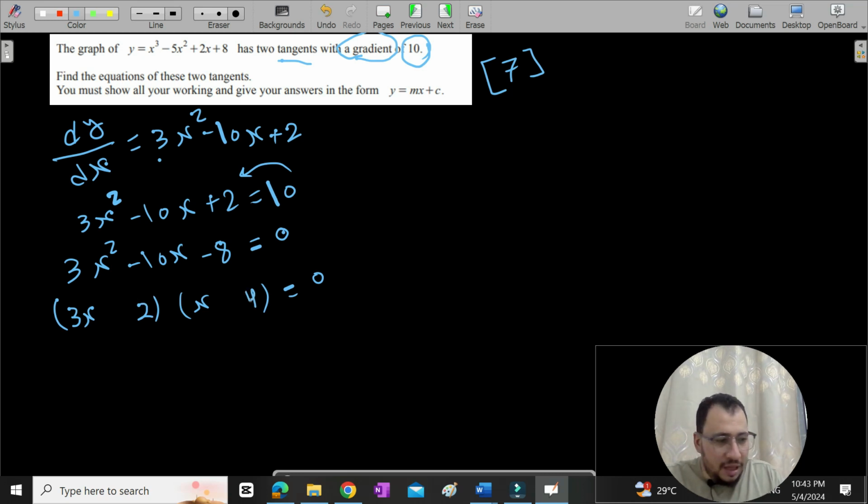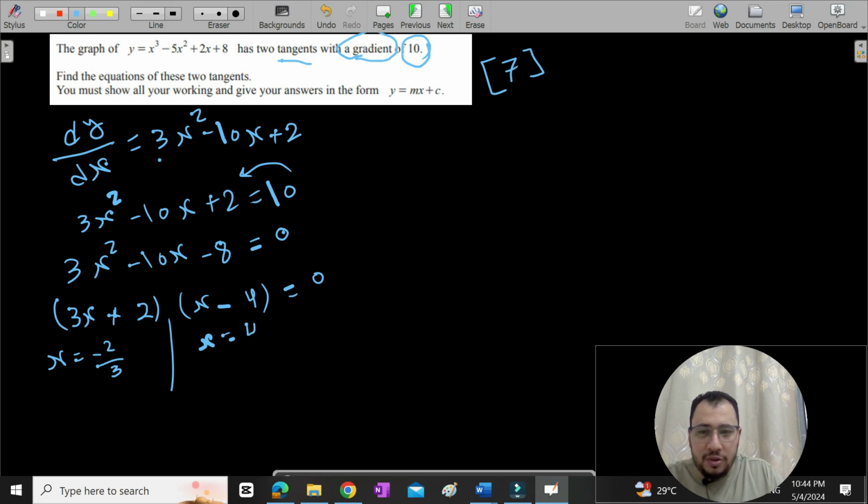When you do that, this is minus and this is plus. You can use mode 5.3 easily if you are not good enough in factorization. Now, x here equals negative 2 over 3, and x here equals positive 4.